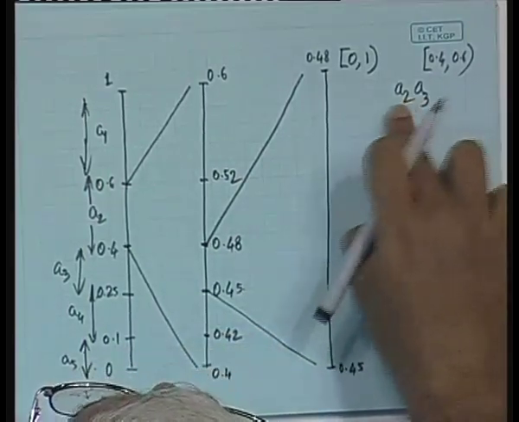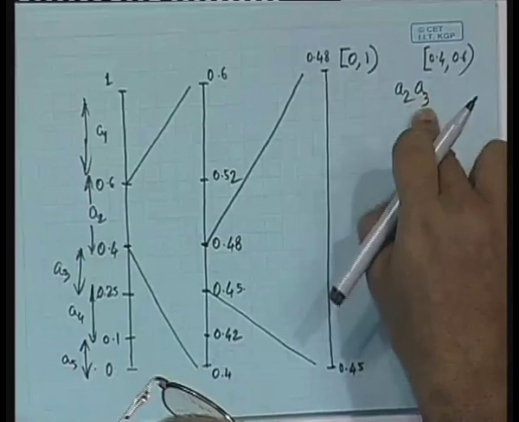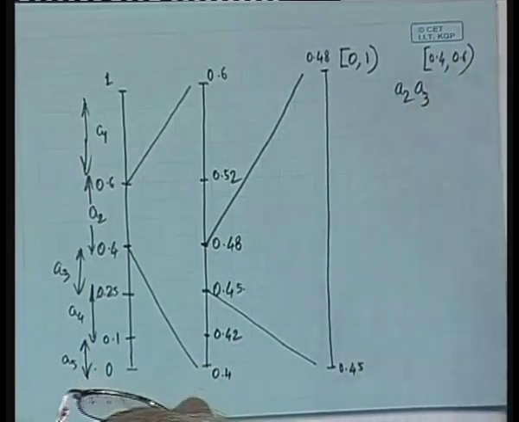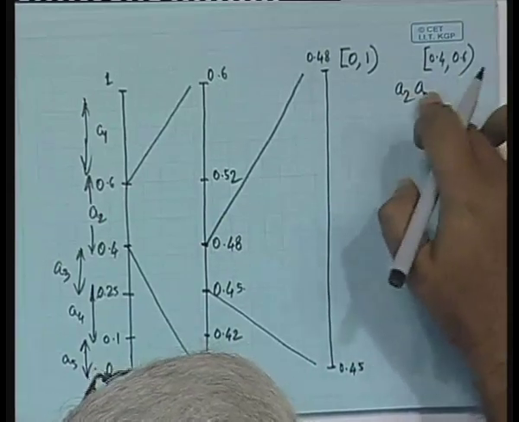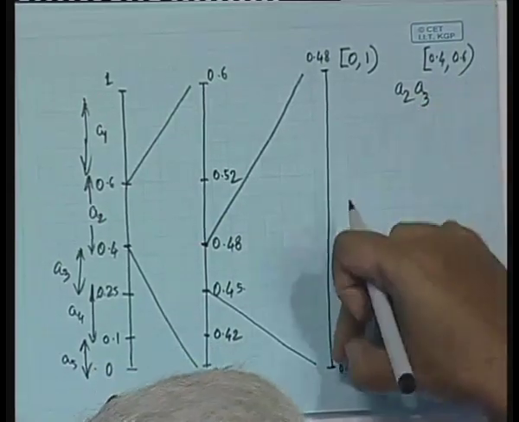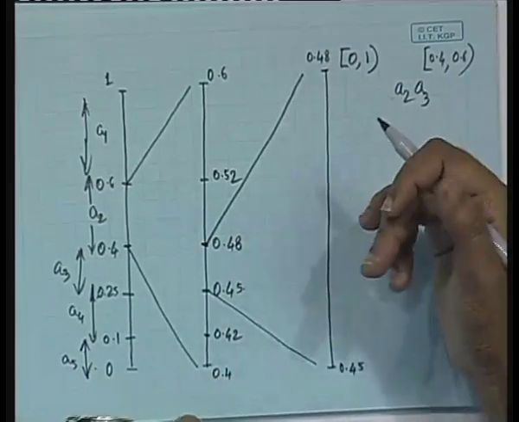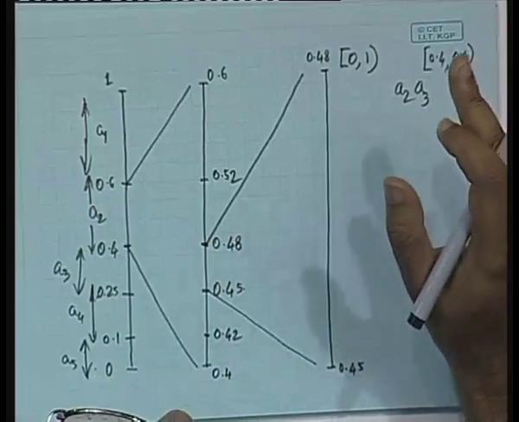This subsequence we have obtained, A2A3, is forming a subsequence of the entire sequence. This A2A3 subsequence is getting represented by a number in the range of 0.45 to 0.48, but exactly where it will be, that will be decided by the next bit.